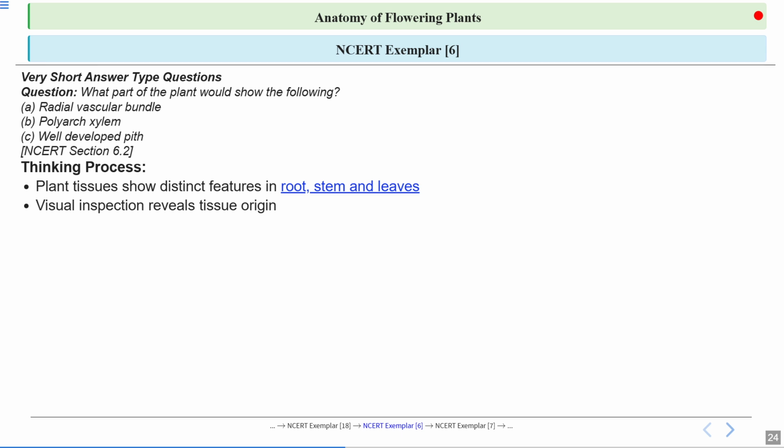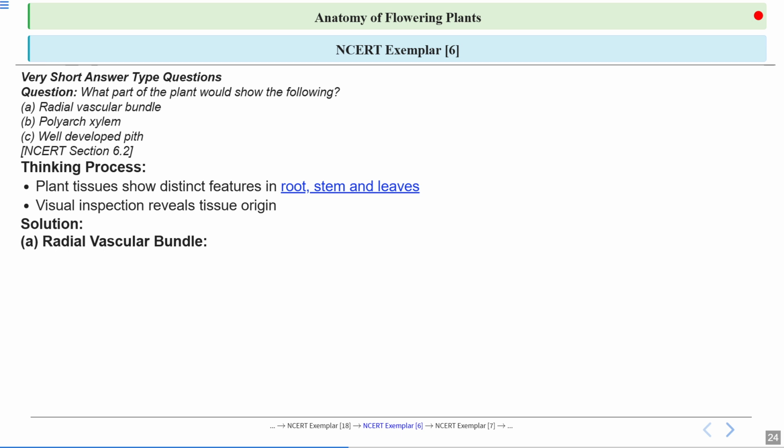Phloem parenchyma is present in the root, but that is absent in the case of stem. Leaves have palisade parenchyma and spongy parenchyma that we do not see in the stem and root. So on the basis of the plant tissue, they have distinct features. Visual inspection reveals tissue origin, and when you see them, you can reveal what type of tissue it is and where it originated from.